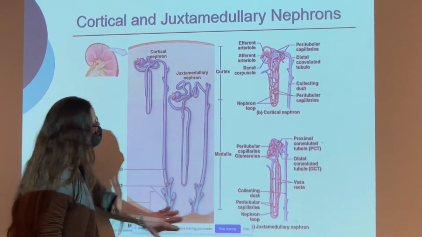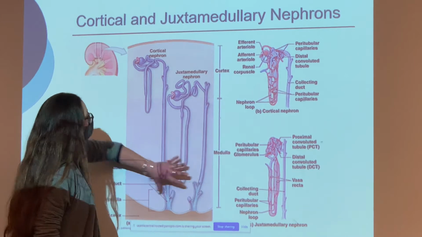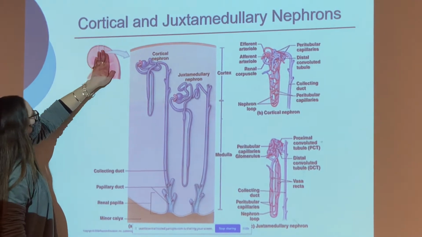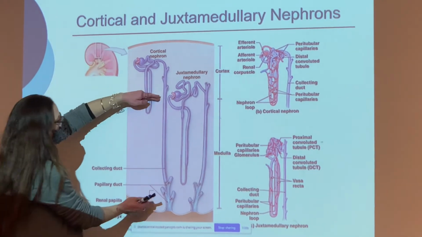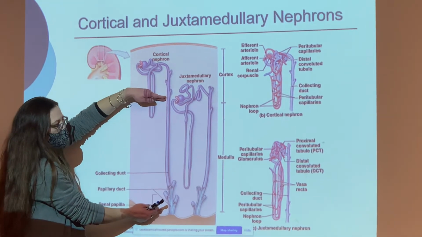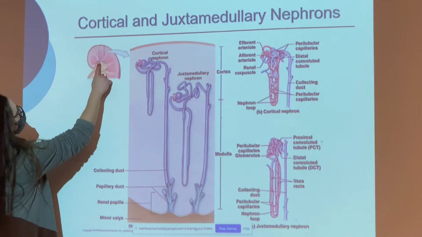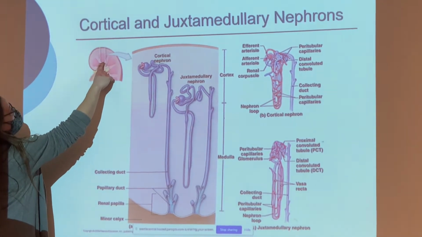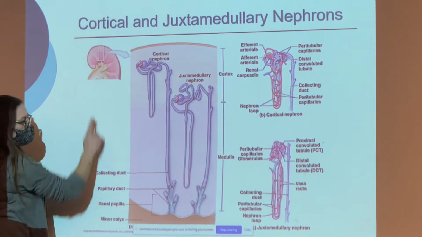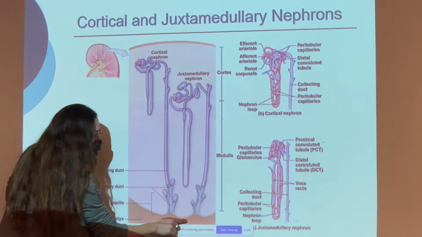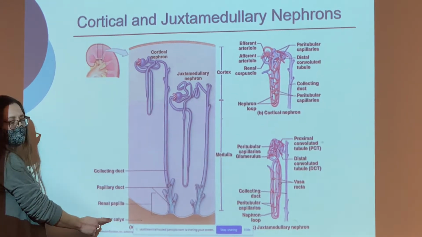Or sorry, this would be the medulla in here. And within that medulla, within this middle part in here, that part right here is the base of your renal pyramid. So here's the very end of your renal pyramid right there. And we said at the base of that renal pyramid, you have a little groove. That's this right here. That little groove is your minor calyx.